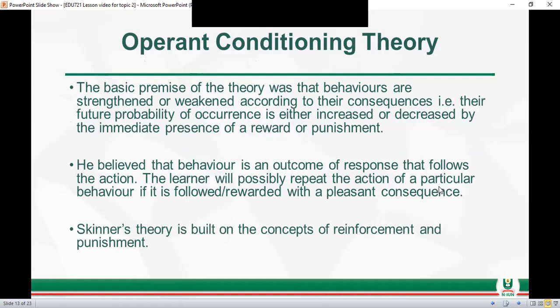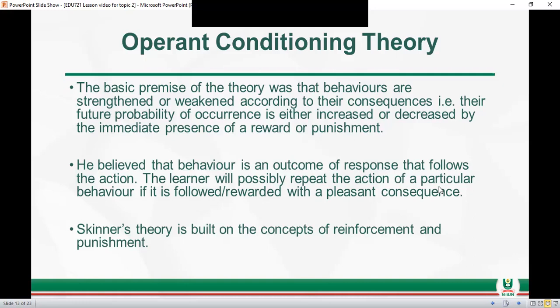What is operant conditioning theory? Operant conditioning theory of learning was formulated by Skinner, who was an American psychologist. That of Pavlov, I think, was a Russian psychologist, yes. Skinner was an American psychologist.